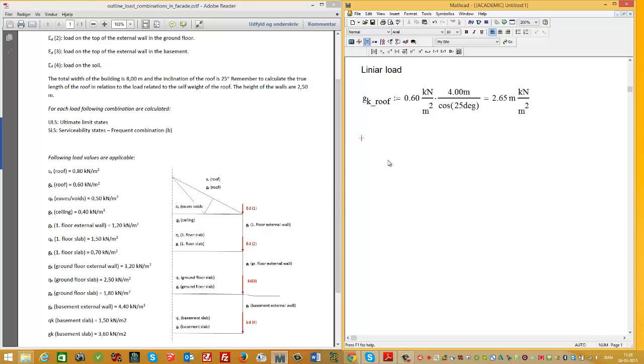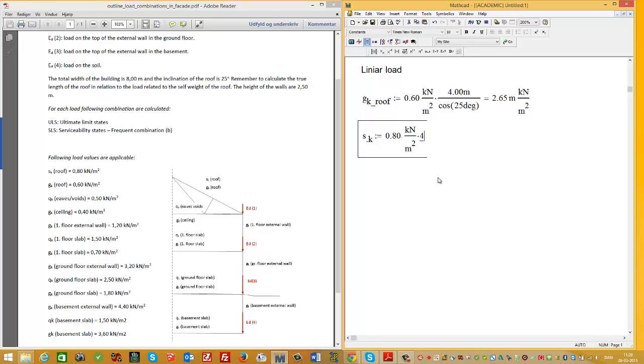The snow load, this k, I can see on the roof it's 0.8 kilonewton per square meter. And now I just multiply the load with 4 meter because the snow loads are already calculated as vertical load.